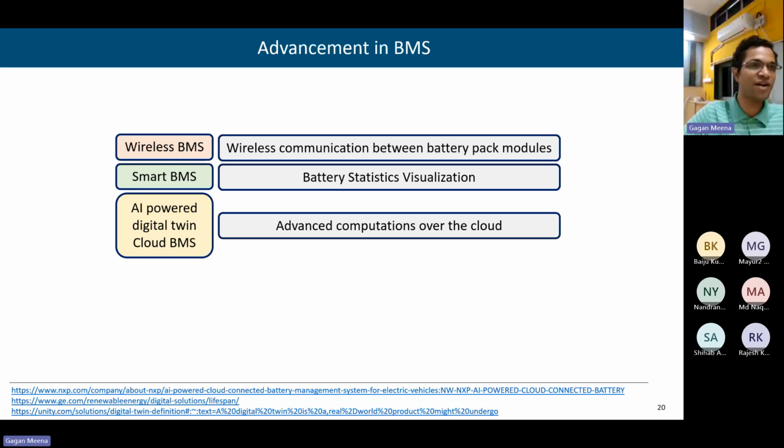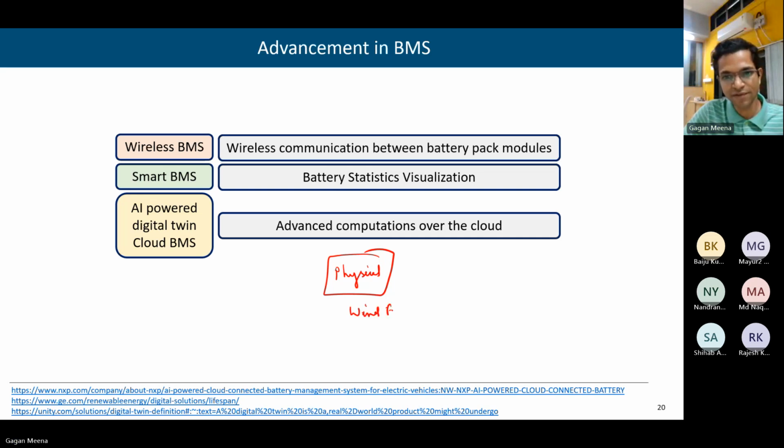That model exactly models the physical turbine to a very high accuracy. That model is a digital twin, and these are two models: one is the physical one in the wind farm, and one is the mathematical model.